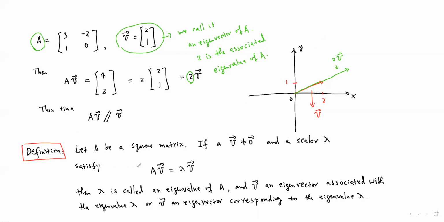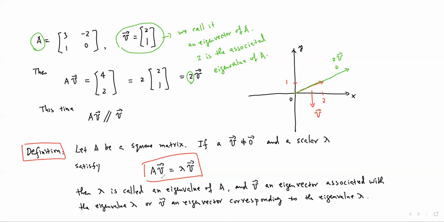This is the definition of what an eigenvalue is and what an eigenvector is. When this equation is true and vector V is non-zero, how about the scalar lambda? Scalar lambda can be zero or non-zero, it doesn't matter, but V must be non-zero.